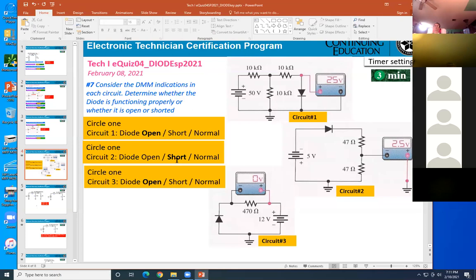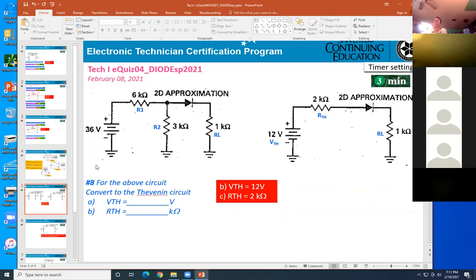Okay, number 3. Open. Circuit open, yes. Open, yeah, 0. This one I already gave her the answer right here. What was the answer to that one?